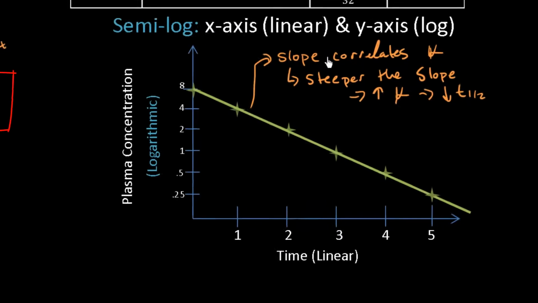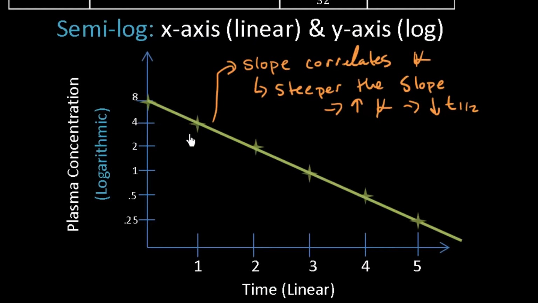So what I'll do here is I'm just going to graph a new plot. So this new plot, I'm still starting at 8, but after 3 hours, I've gotten rid of most of that drug. So using this graph, if I wanted to solve for the half-life, I just take 2 points that have half the concentration of one another.